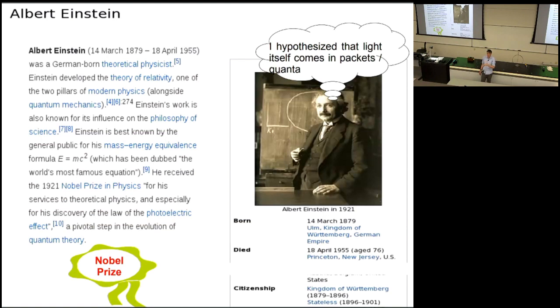It was another great collapse of classical physics. And so we're going to see how Albert Einstein rescued us from this collapse of classical physics by extending Planck's idea about packets of energy in electromagnetic radiation.